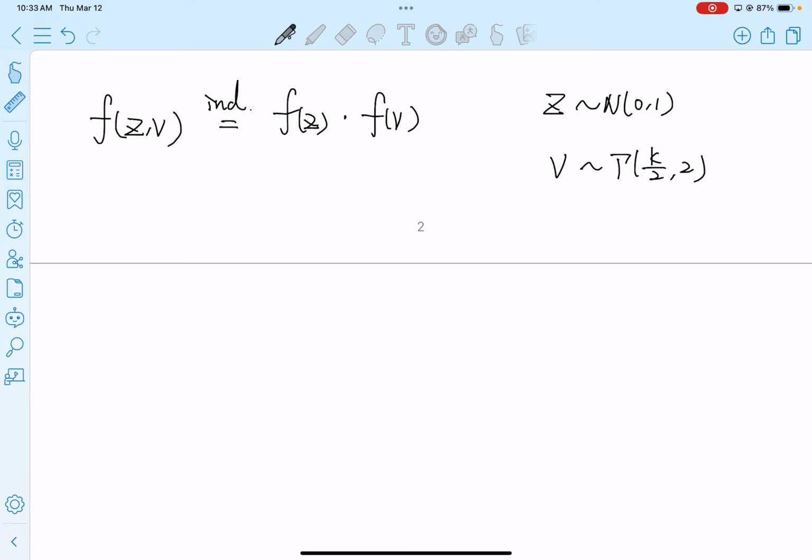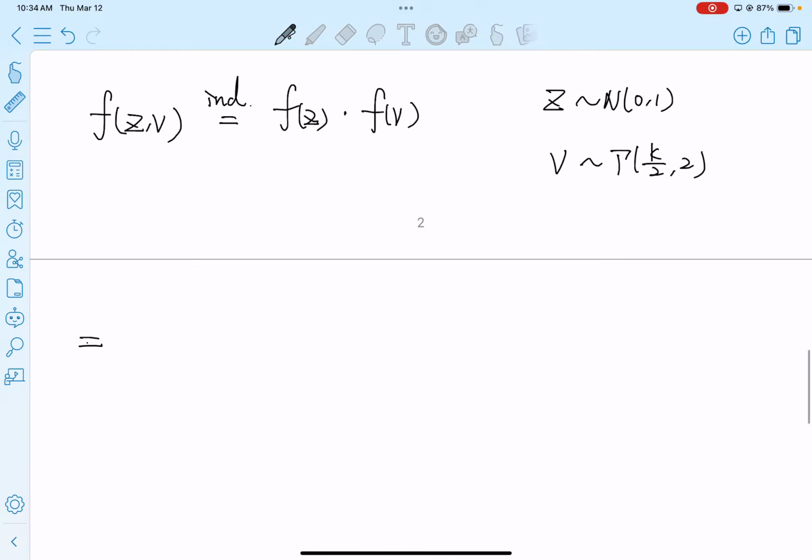Okay. Since they are independent, the joint is equal to the product of the marginals, and we also know the distribution for each of z and v. So now let's input the density function here. For z, which is the standard normal, we have 1 over square root of 2 pi, times the exponential of negative 1/2 z squared.